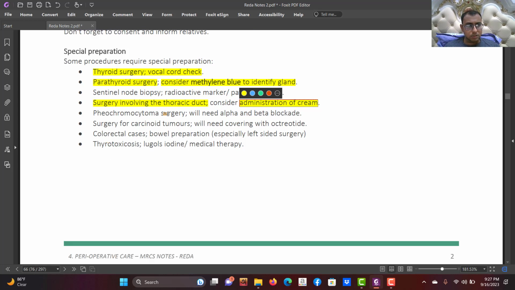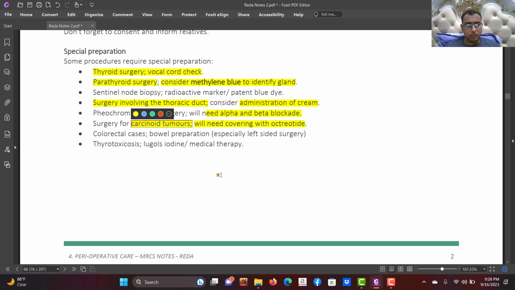In case of pheochromocytoma, we will need alpha and beta blockers because pheochromocytoma can cause hypertension. Surgery for carcinoid tumor will need octreotide cover because octreotide will decrease the secretion of the carcinoid tumor.